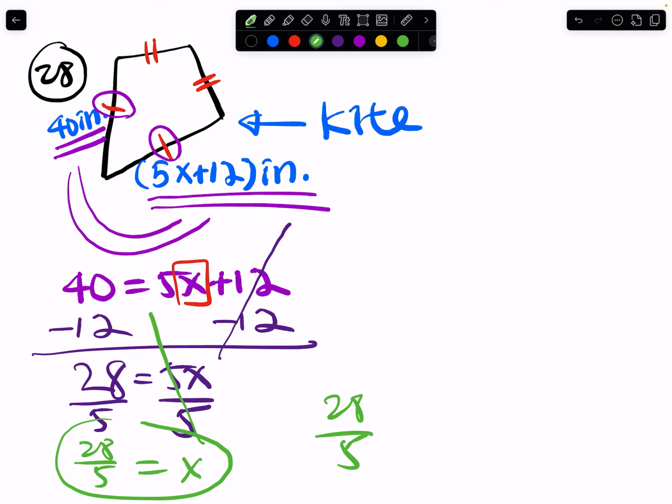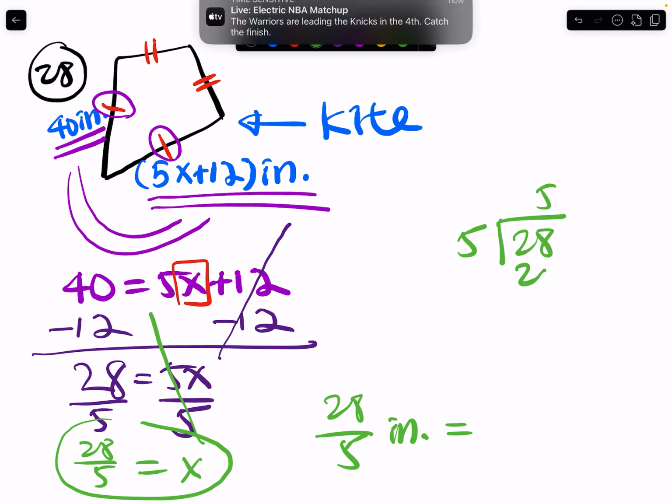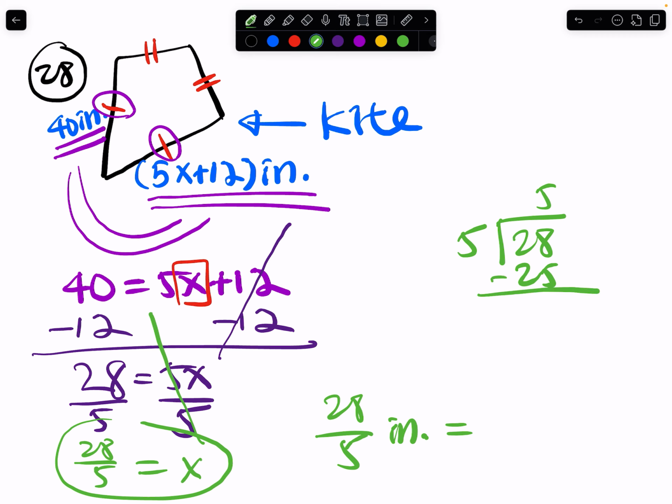And the final answer should have the unit, right? For those of you who want to be exact, you can go ahead and pull that number out and divide 28 by 5. 5 goes into 28 5 times. 25 is the product. Minus, 3. Decimal point up.